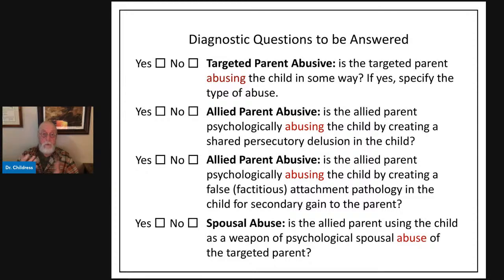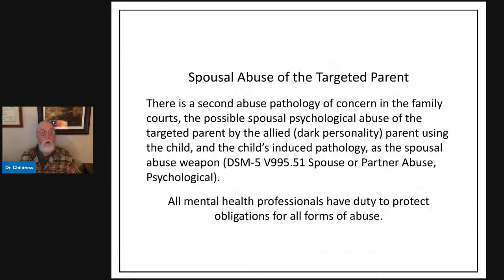And then the third or fourth dangerous pathology here is the spousal abuse, which is the allied parent using the child as a weapon of psychological spousal abuse of the targeted parent. So those are the diagnostic questions that need to be answered in all of these cases.